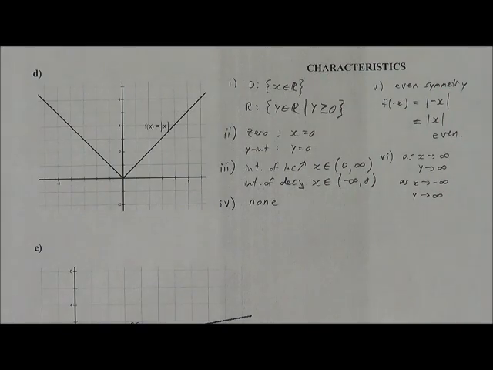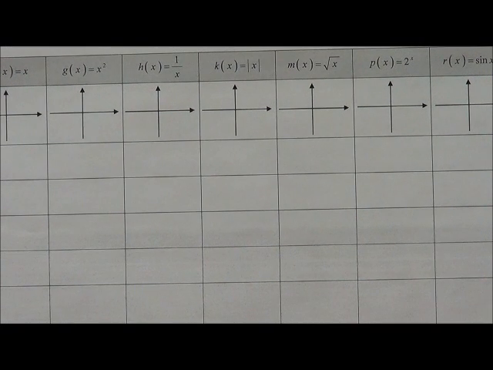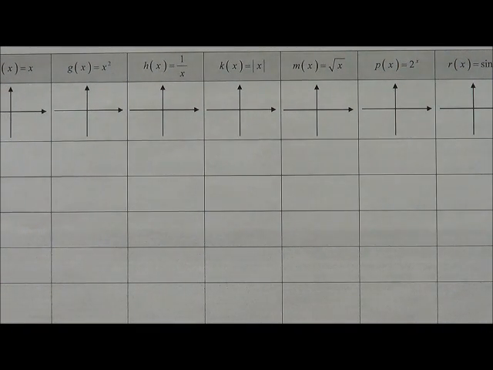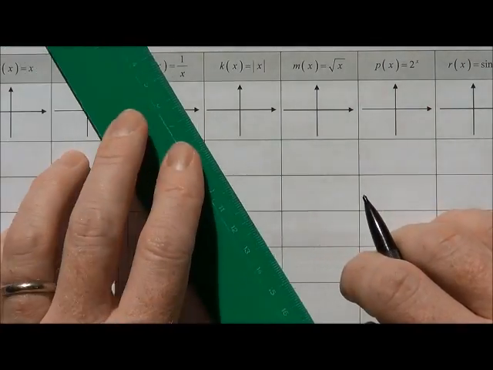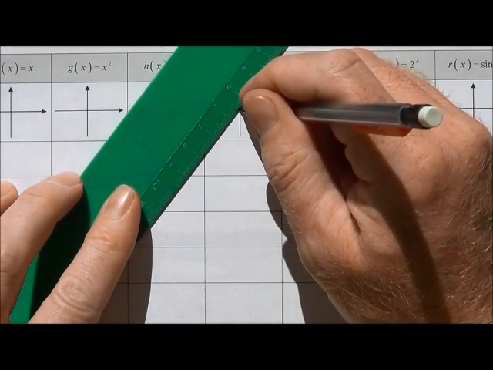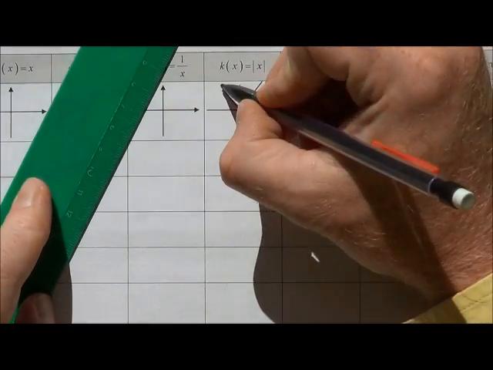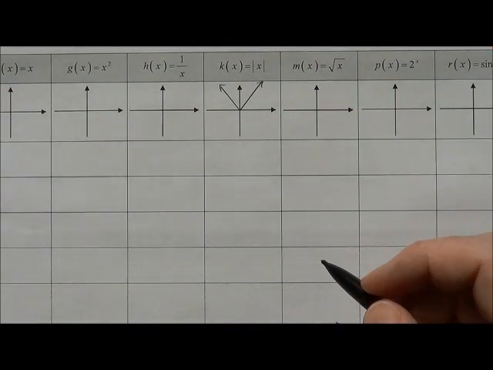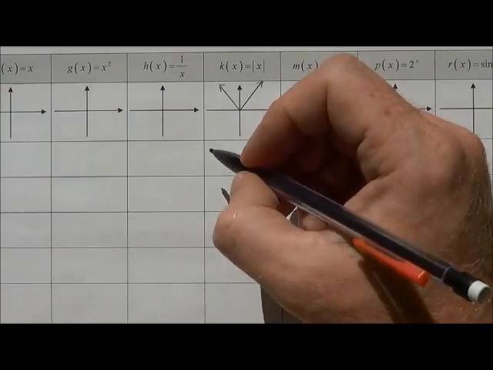Okay, so we'll then transfer this information onto your table here, and we know that, again, this is the absolute value function. I remembered my ruler, thank you. That's roughly what it looks like. And then we just have to transfer the information to keep it all in one place.